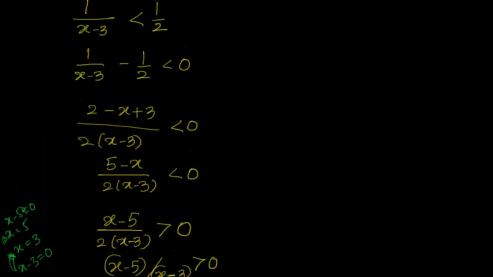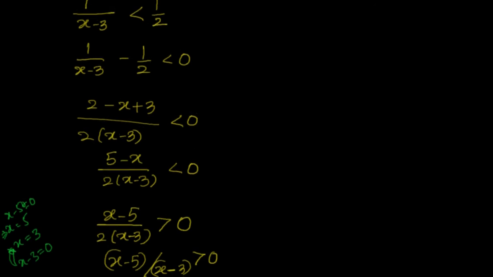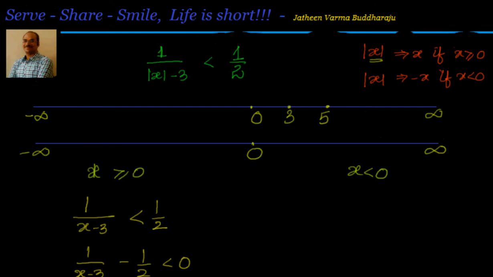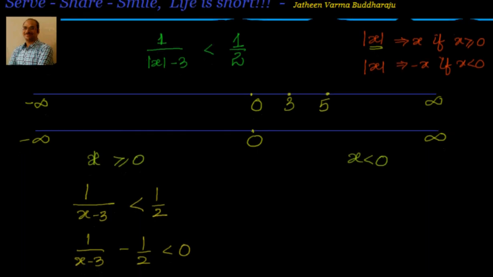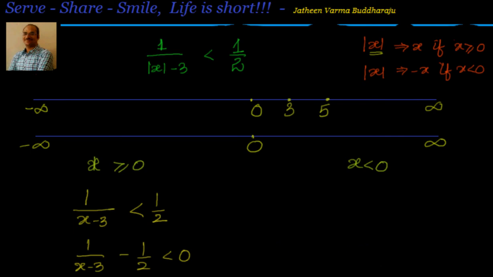Now if I substitute x equal to 0, it will become 5 by 3 greater than 0. That means wherever the 0 is there, that part is part of the solution. That means my solution will be starting from minus infinity to 3, again 5 to infinity.